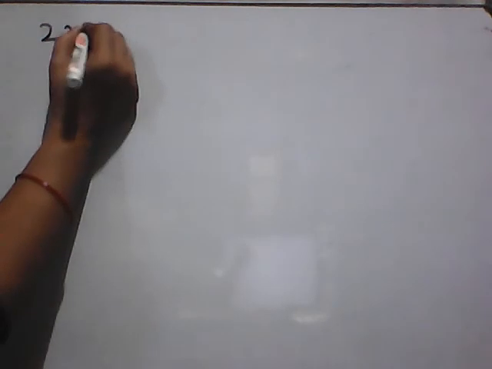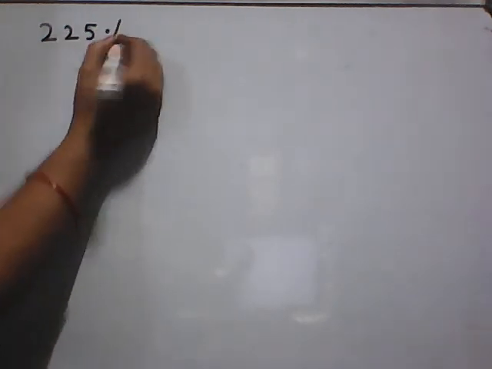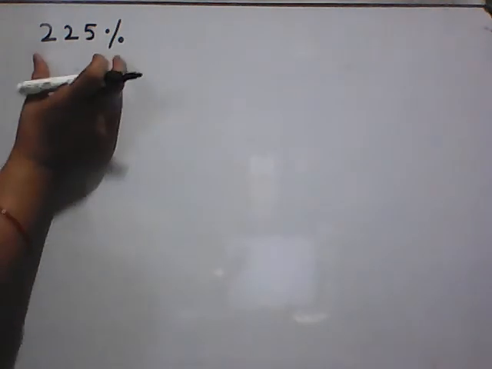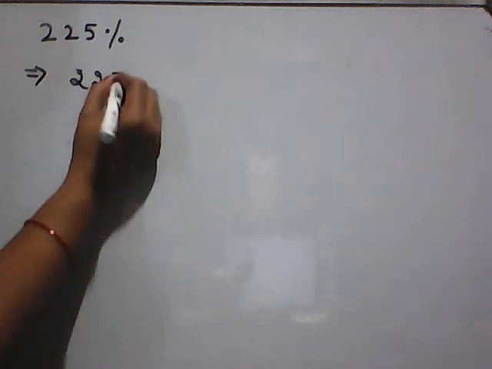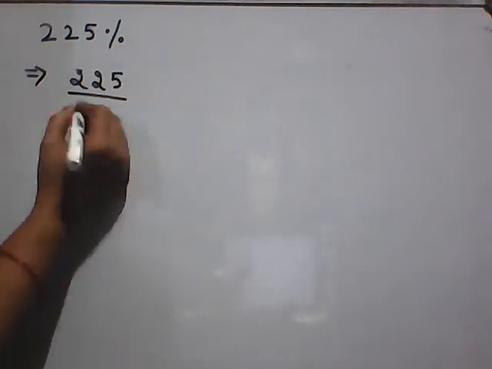Let us take a question. In this question, you have to write the ratio for the percentage 225%. This percentage is given to you and you have to write it as a ratio. How can we convert percentage into ratio? Firstly, you have to convert it into a fraction.